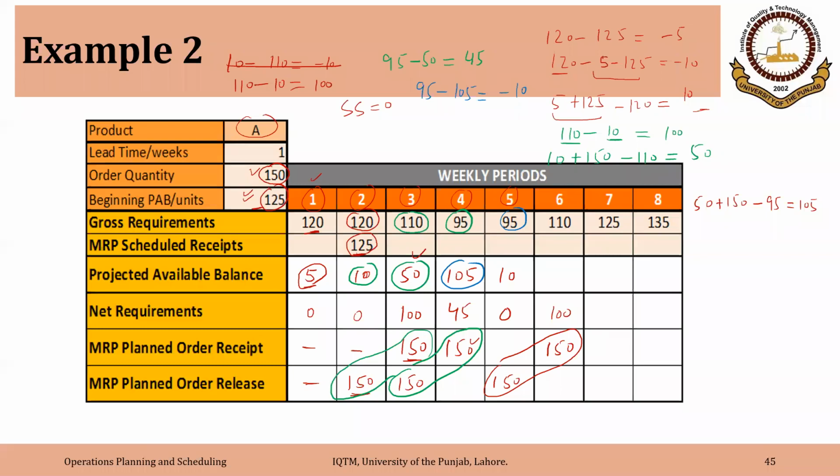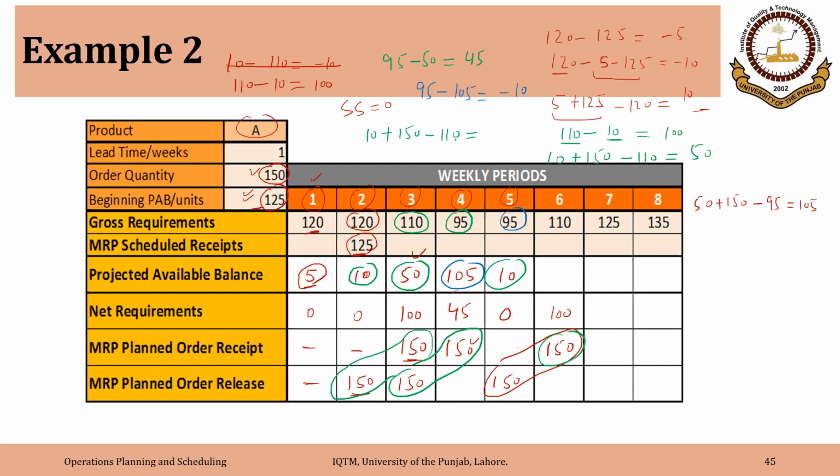So what we will be left with at the end of week 6. So total supply is 10 from previous week. So this 10 plus 150. So 10 plus 150 is the total supply minus 110.